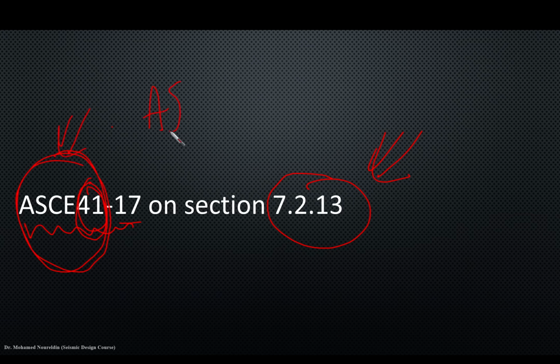However, ASCE 7 in general is for new buildings, new building structures. So that's the difference. This is for existing buildings, mainly for evaluation, and this is the requirements for new buildings and other structures.